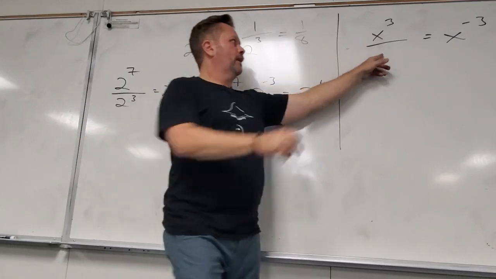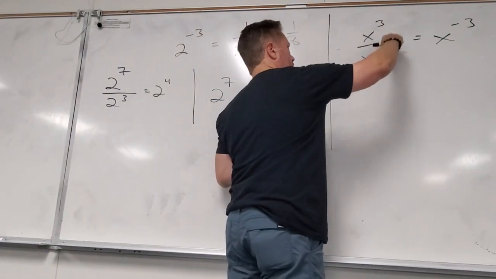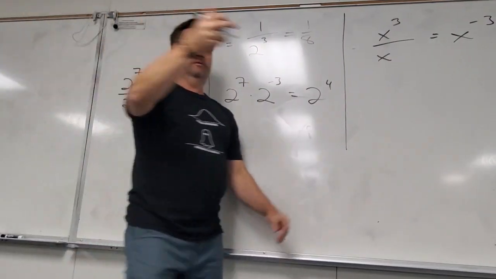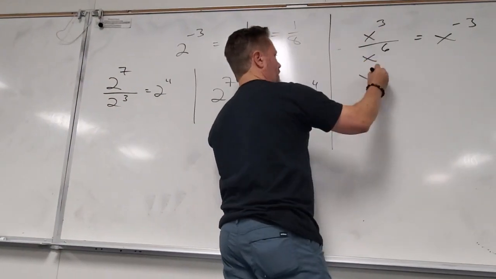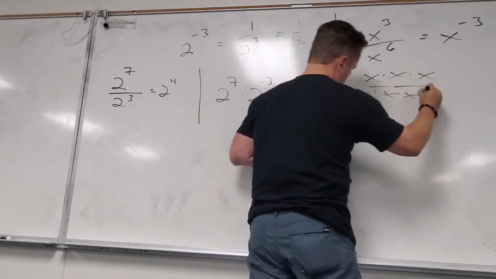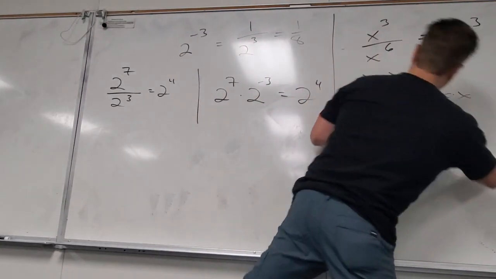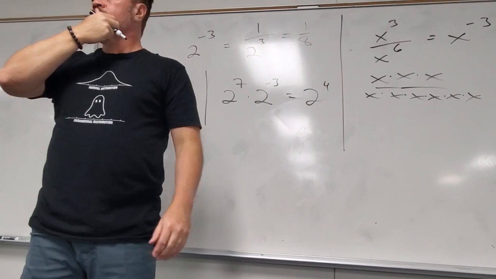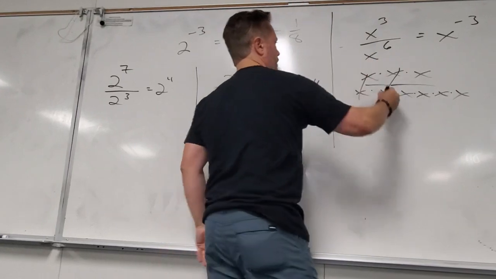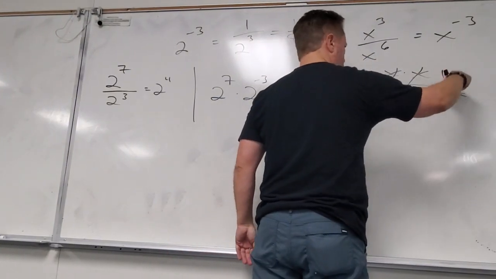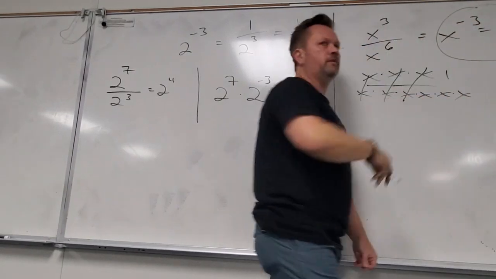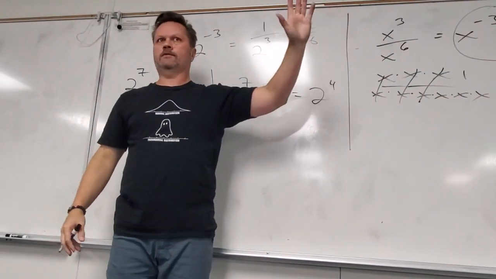What would have to be down here, x to the what, so that I end up with a negative 3 power? 6. And isn't x cubed x, and isn't x 6 x, right? So then I have 3 x's cancel, and I'm left with 1 over x cubed. So therefore, these must mean the same thing because they both come from the same place.